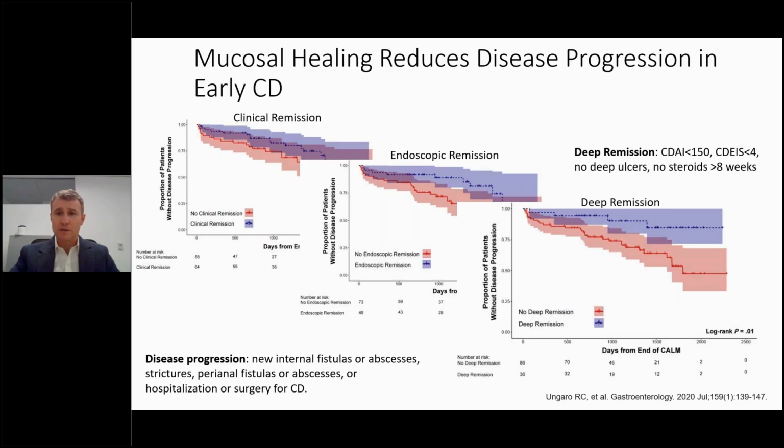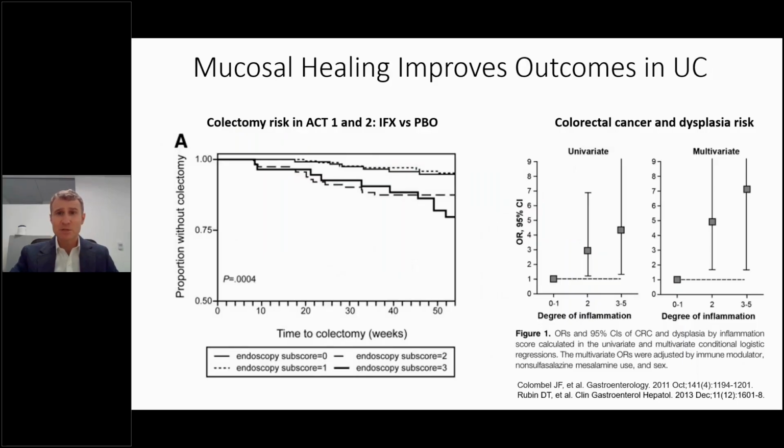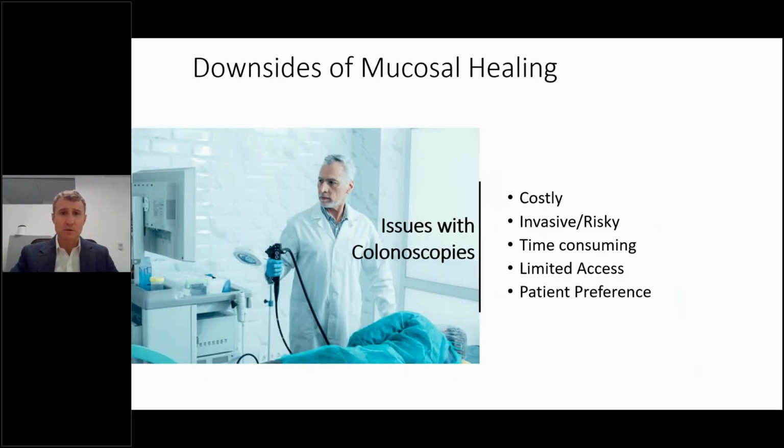And so you can see a clear difference in that disease progression risk by individuals who achieved that outcome. So that's where mucosal healing has really become our gold standard in terms of interpreting our success in managing inflammatory bowel disease. And the same is true in ulcerative colitis as well as Crohn's disease.